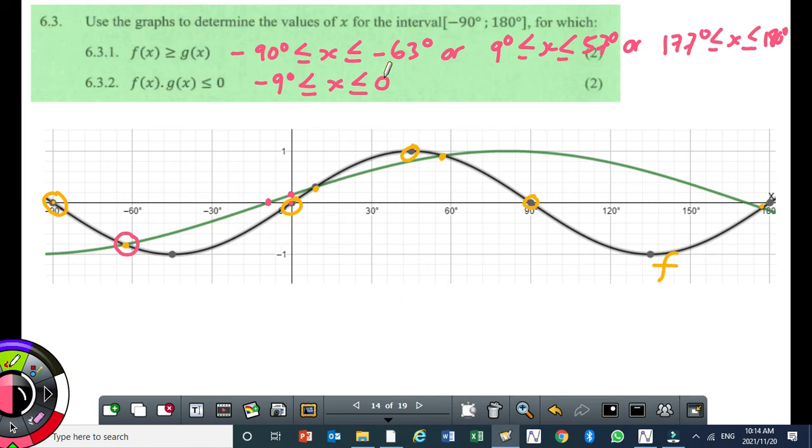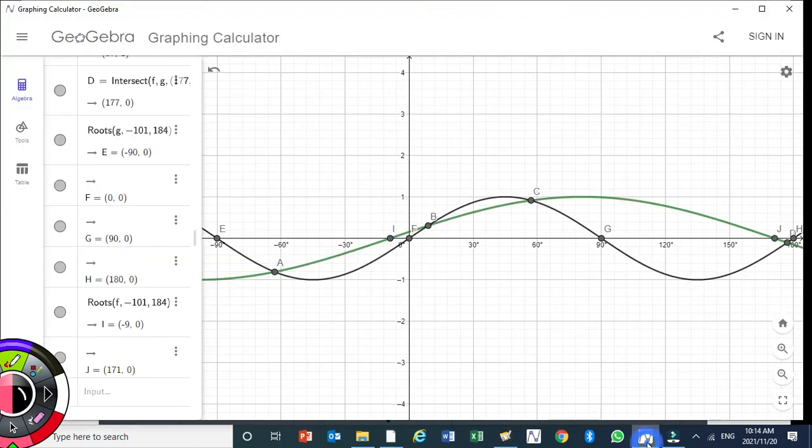Then we are now in the first quadrant. In the first quadrant, both are positive. We don't want them. Then suddenly, the graph of f of x becomes negative, whilst the graph of g is positive, so negative up to somewhere there, which is this point here. So we need to find the x-intercept at that point, which is close to 180 degrees. Fortunately, because we have the computer, that's j.